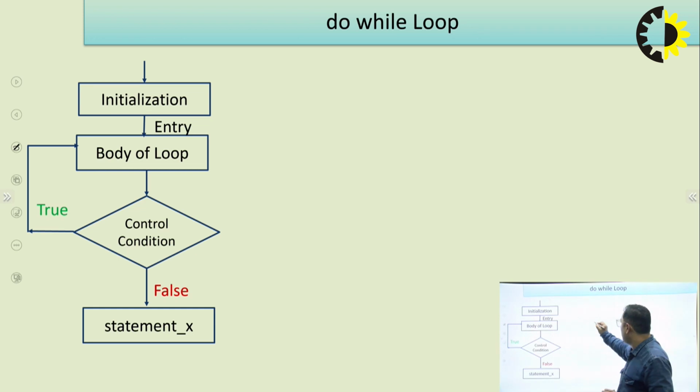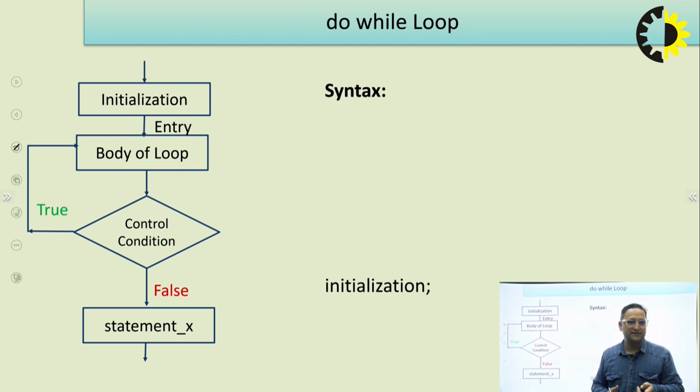For a while loop or for loop, your condition can be false at the very first iteration, but here the body of the loop, the thing you have written within the do and the curly braces, will be executed at least once, and the condition will be checked at the end. So if you want to execute any program at least once, this is the best loop to consider.